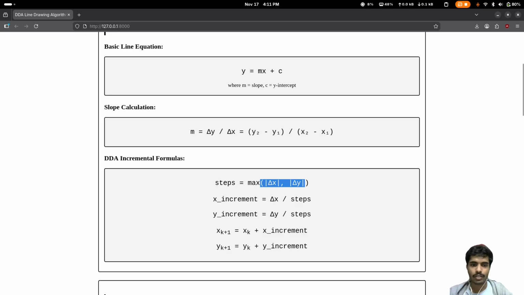The x increment formula will consist of del x divided by the step, and y increment will always be 1, because del y upon del y is equal to 1. So y increment will always be a whole number, and x increment could be a float. After finding the x increment and y increment, we plug them into our initial coordinates, increase the values of the older coordinates and store them into the newer coordinates to get a line. This moves on and on until we reach our final point.